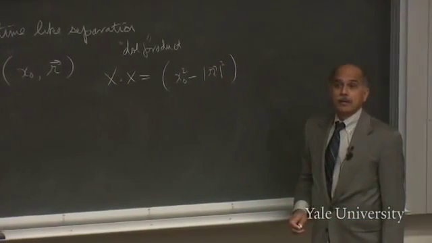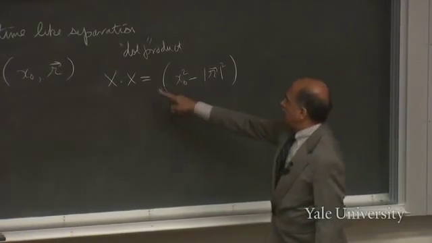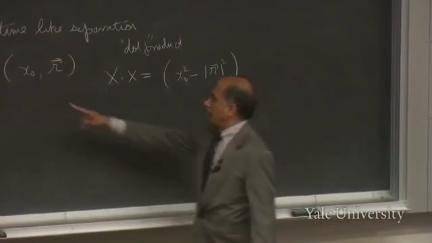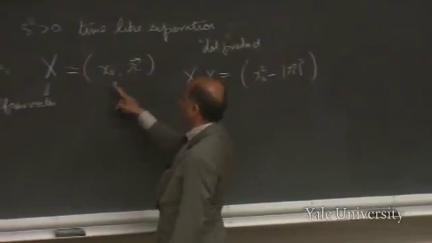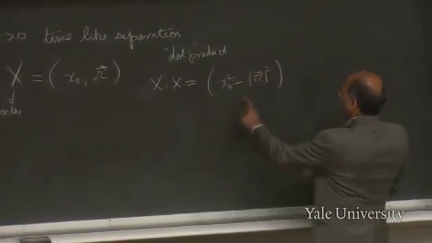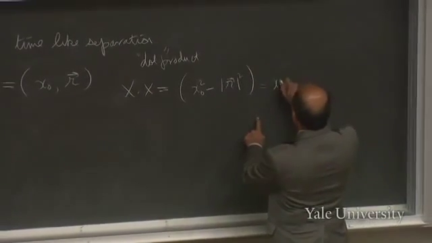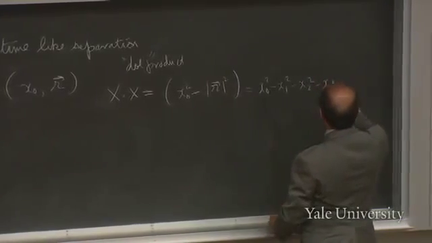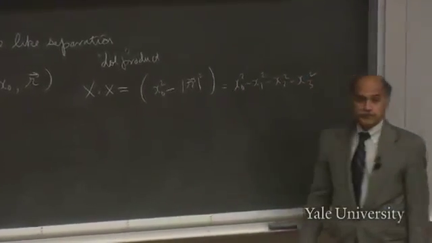Pardon me? Those are all small x's. This is a big X. Big X is the name for a vector with 4 components. It's a position vector in space-time. This is the same as writing x naught square minus x1 square minus x2 square minus x3 square.